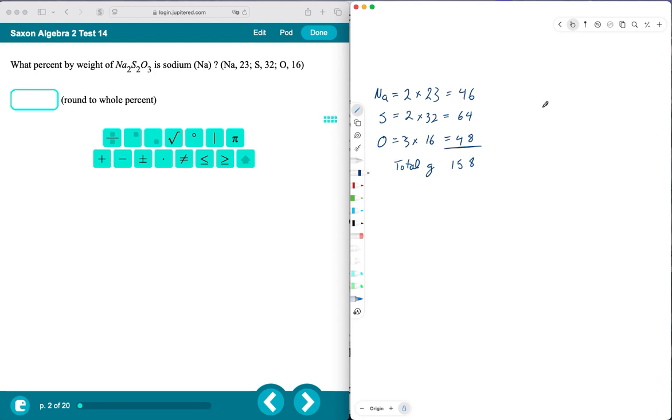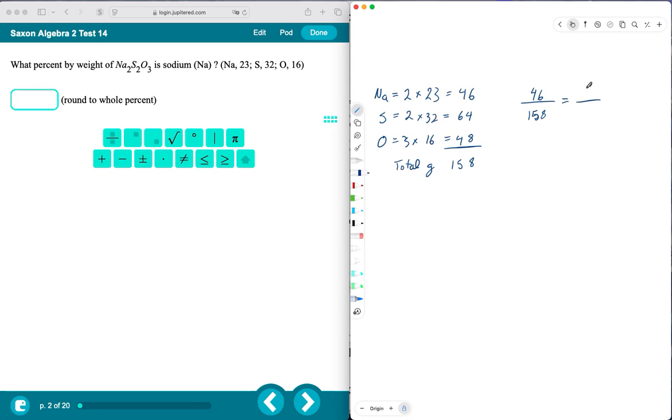So we need to find the percent of the sodium, the Na. So sodium, Na, is going to be 46 out of 158. And that's going to equal some percent.